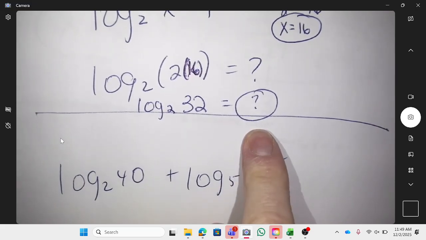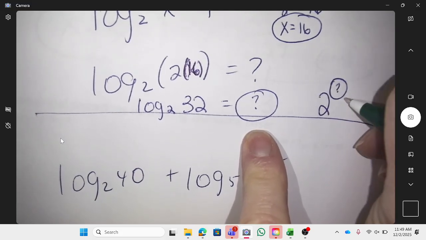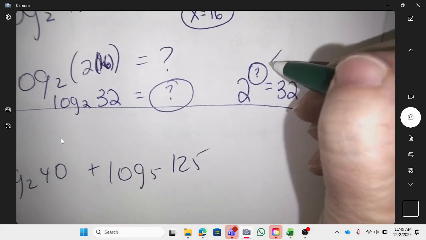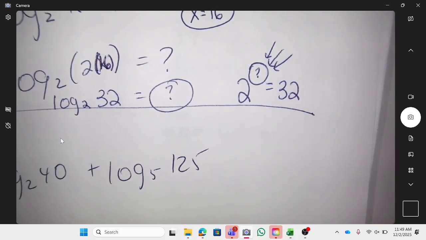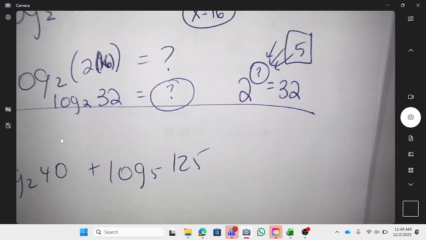Figure out the exponent this time. So 2 to something gets you up to 32. What is that value going to be? Anybody know the exponent that does that? 5. Okay, and it's a multiple choice question too, isn't it?